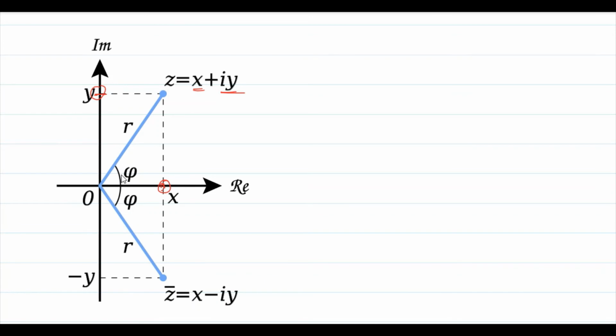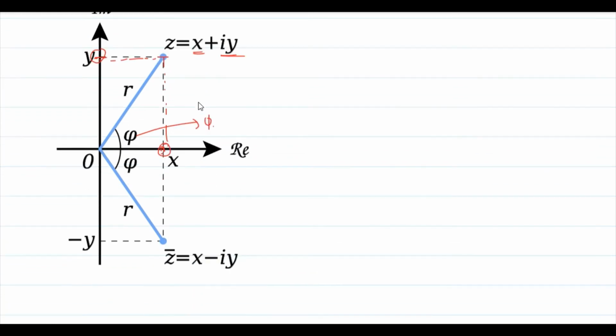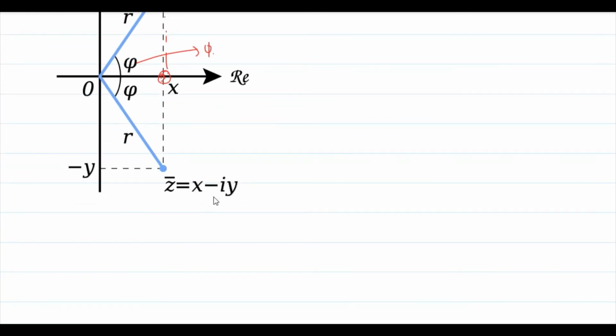The angle made by the imaginary part and the real part is given by the angle phi, right? This is completely the imaginary value, and this is completely the real value. Similarly, if it has a negative imaginary value, that is on the negative imaginary axis, then we can represent it like this.